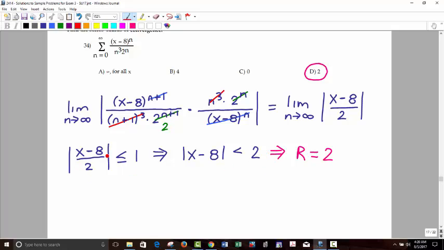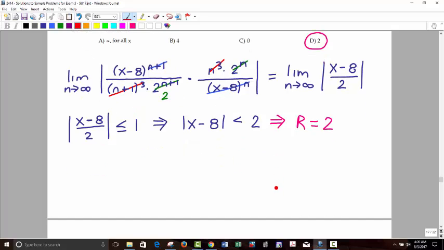Move the 2 over. And once you have that denominator cleared, that means that 2 will be the radius of convergence. But if you worked it out further, the radius of convergence is basically the distance from the center to either endpoint. But like I said, you start out with 1. If there's no denominator here, the radius will be 1. As soon as you move that up, that makes it 2.